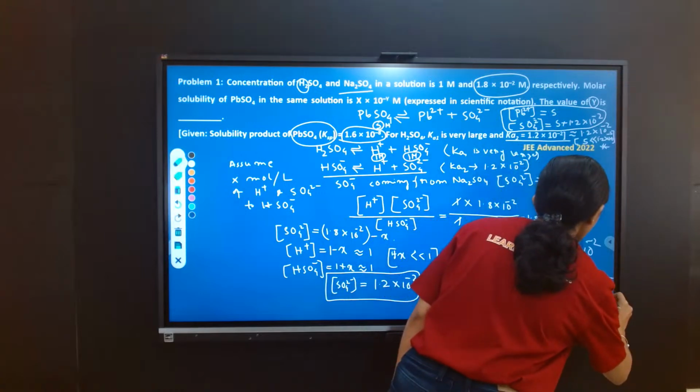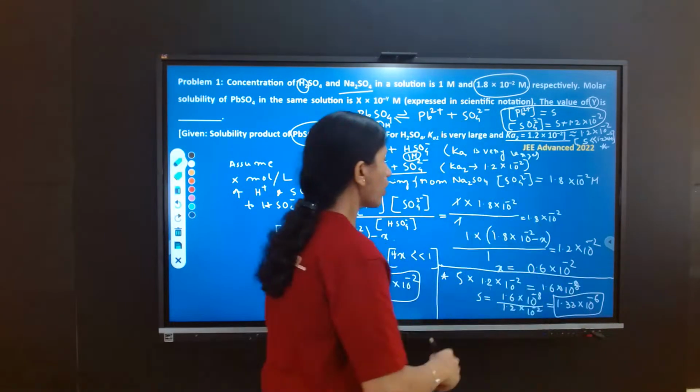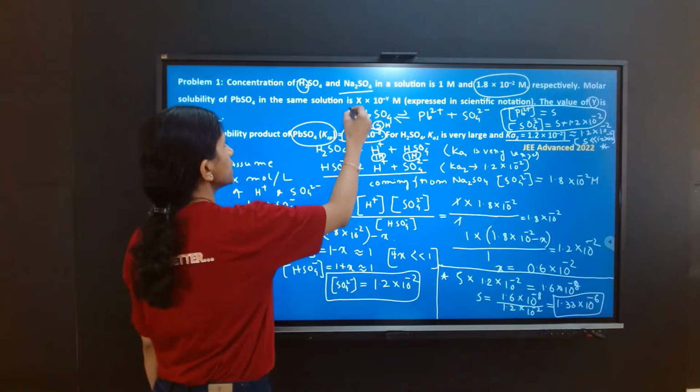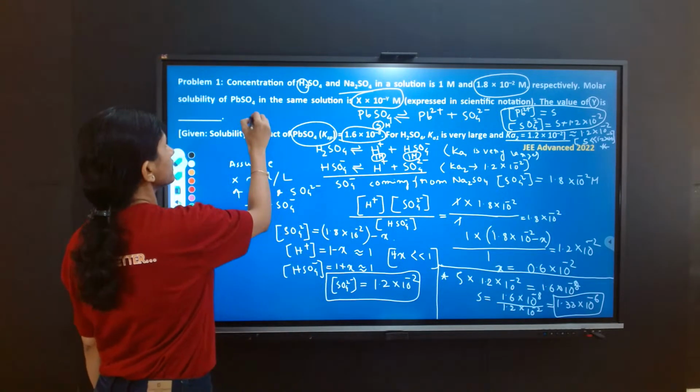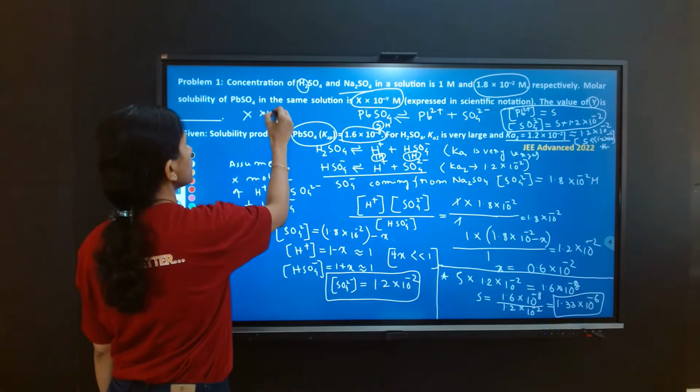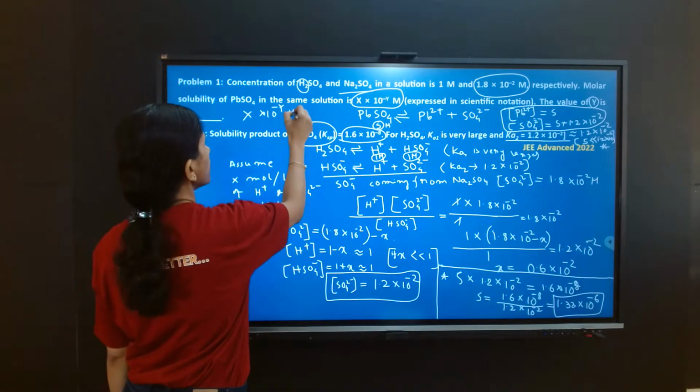So this is the value of S, which has been given here as x times 10 to the power minus y molar, right?